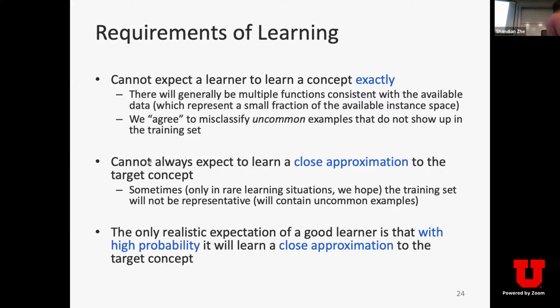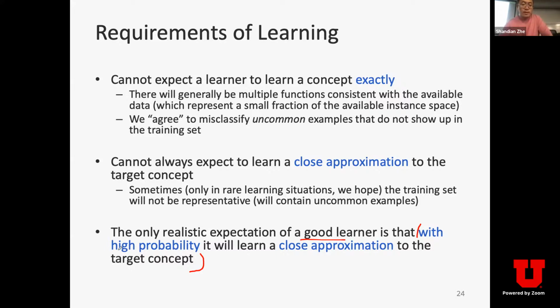That is, we make a probabilistic statement. Our realistic expectation of a good learner is that with high probability, our learner will learn a close approximation to the target concept. Then we say, okay, this is good.